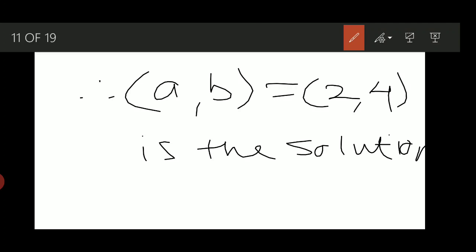By which method we studied in 9th class, elimination of any variable by equating coefficients, we solved these simultaneous equations. Similarly, we can solve all these examples in practice set 1.1. Now remaining problems solve at home.